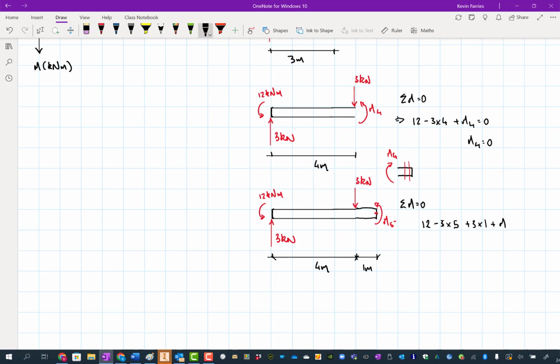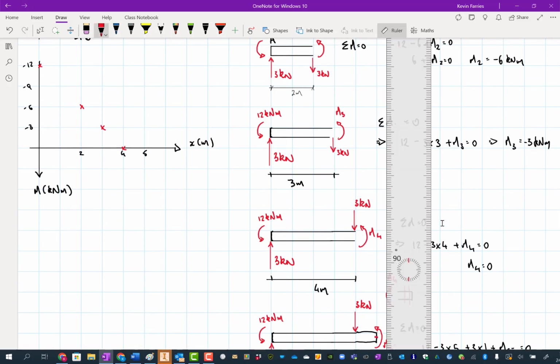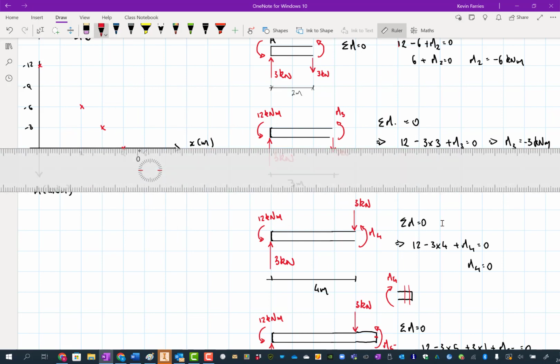Plus the moment at just a bit less than the end of the beam is equal to 0. So we've got 12 minus 15 plus 3 is 0. So M5 minus 1, just less than 5 meters, is equal to 0 kilonewton meters. And so it stays 0 after that because there's just nothing happening. No loads, no moment. Okay, and we could just draw that.